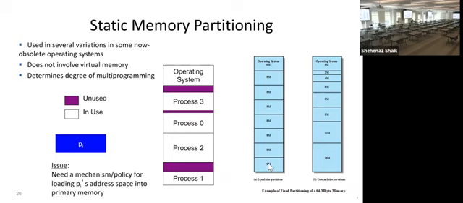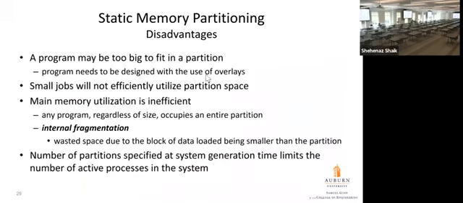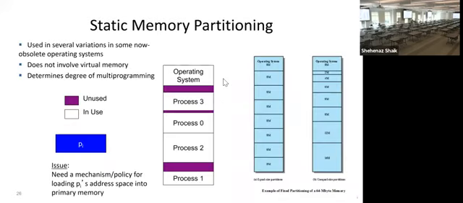If that is the case, we use this concept of overlays, where we load only part of the process into a partition, and if as part of execution the process needs a part of the address space which is not loaded in physical memory, it swaps out a small part of the loaded address space and swaps in the required part of the process address space.